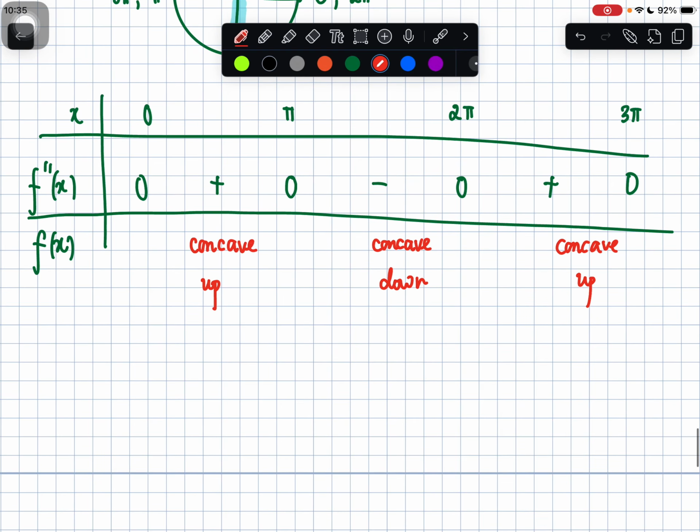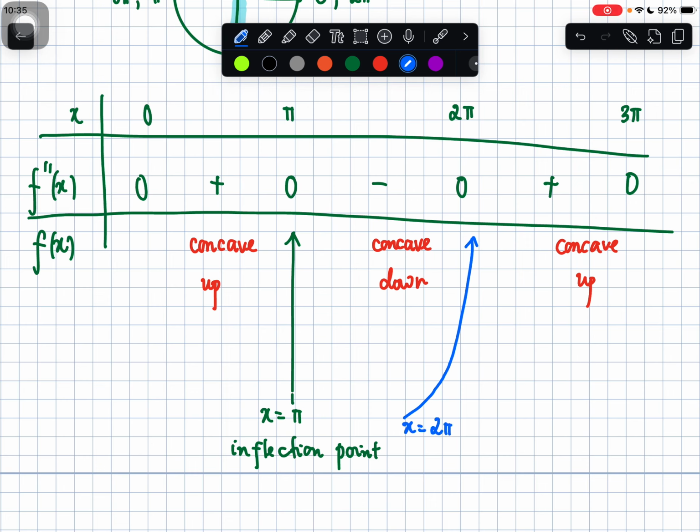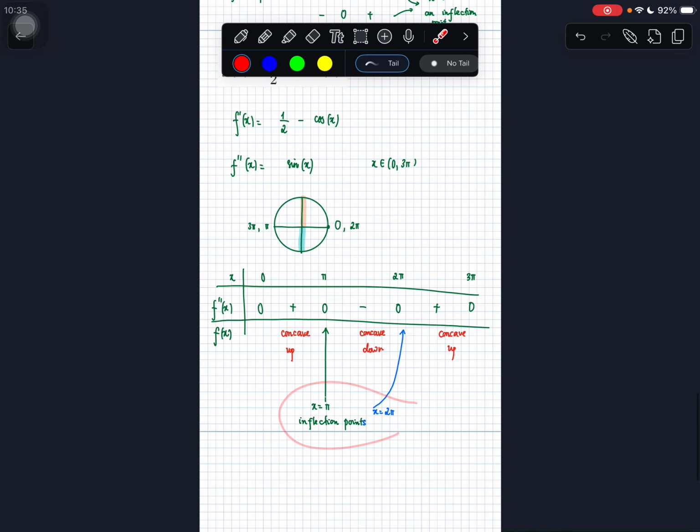So for example, here x equal to pi is an inflection point. Similarly here, from minus to plus, the concavity changes. X equal to 2 pi is also an inflection point. So here we have two examples of inflection points.